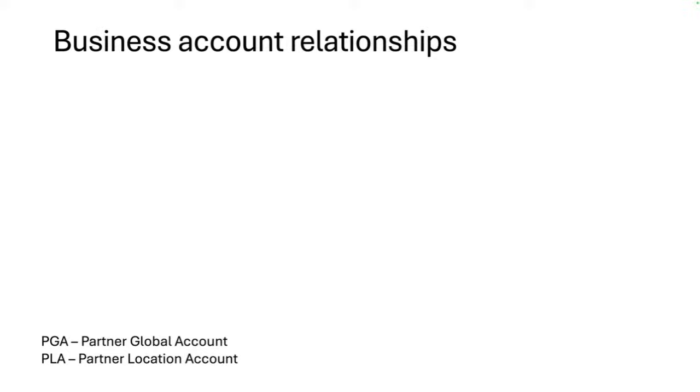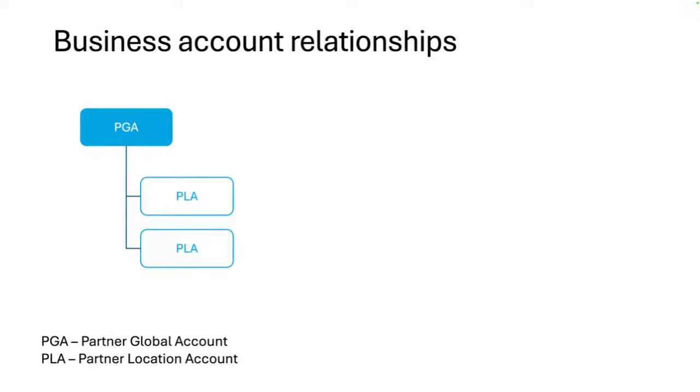And what that means is we're setting up a business entity within Partner Center. And the first thing we will set up, and is actually created for us when we create that Partner Center account the first time, is a Partner Global account, or PGA. Underneath the PGA, associated to them as a parent, you'll find your Partner Location accounts. Okay, so what does this mean?